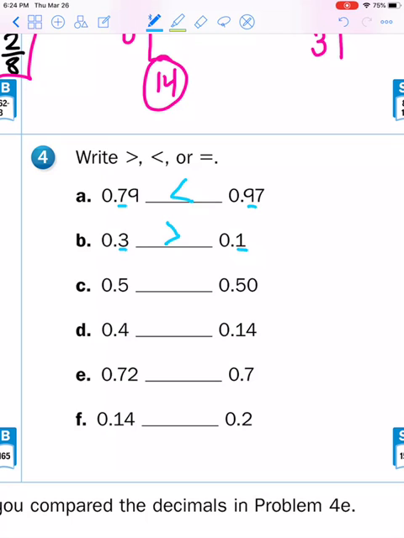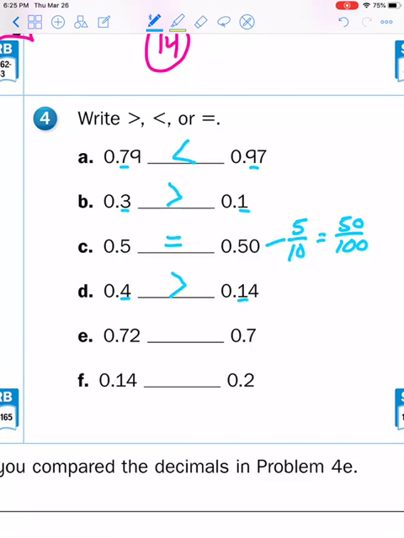0 and 5 tenths is equal to 0 and 50 hundredths. Because remember, 5 tenths is an equivalent fraction to 50 hundredths. D, 0 and 4 tenths is greater than 0 and 14 hundredths. Because the tenths place has a 4, the tenths place here has a 1.